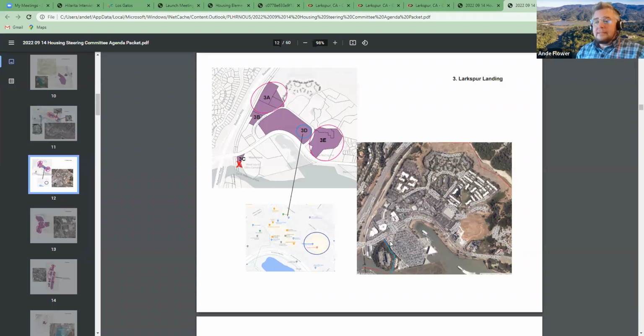Oh, I think we're complete with the presentation. This is the part where we'll discuss, and we can go back and forth with the tables as well. Since we have this page open, this is another area where we're proposing higher densities.